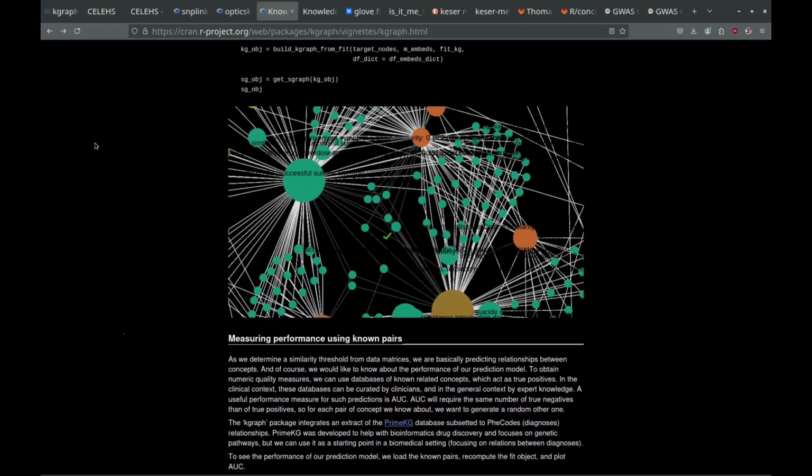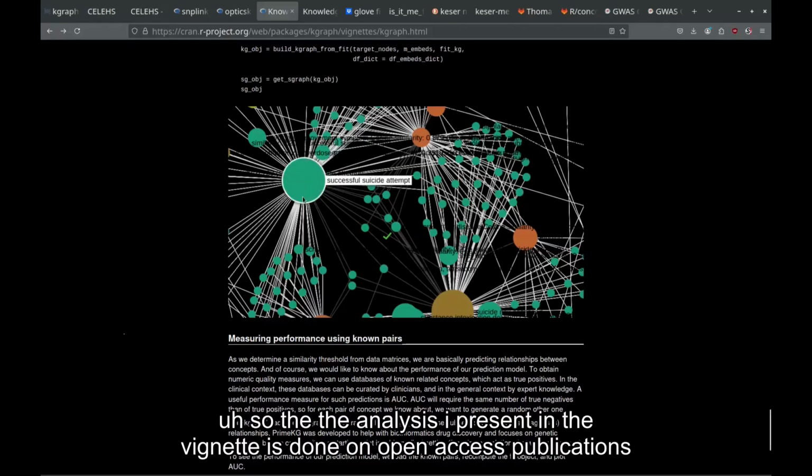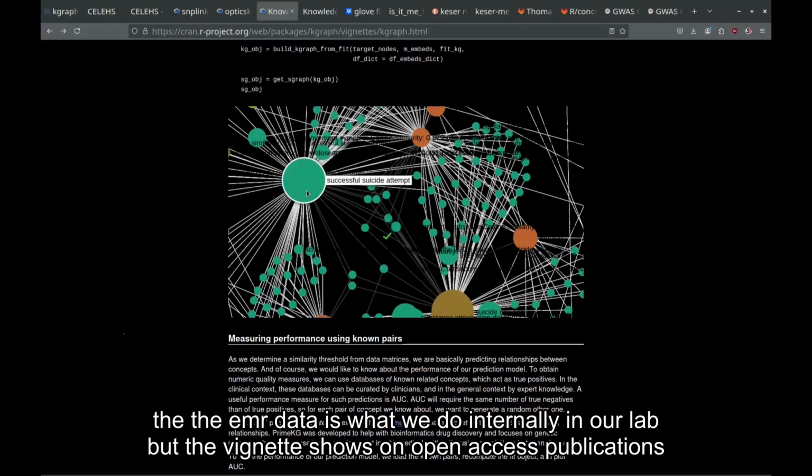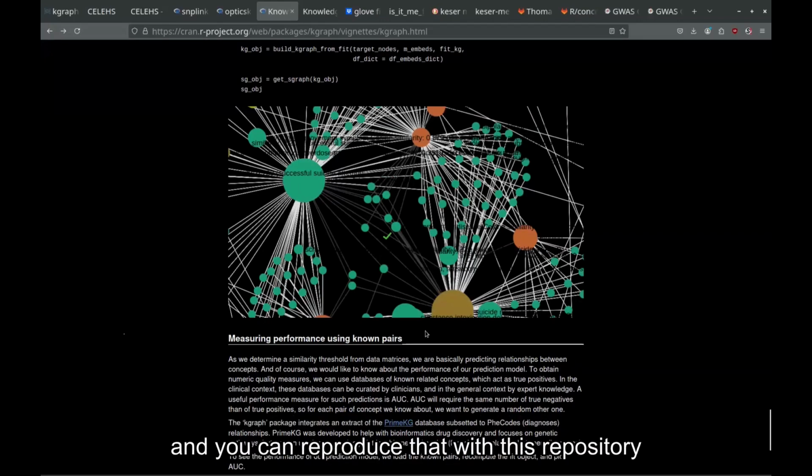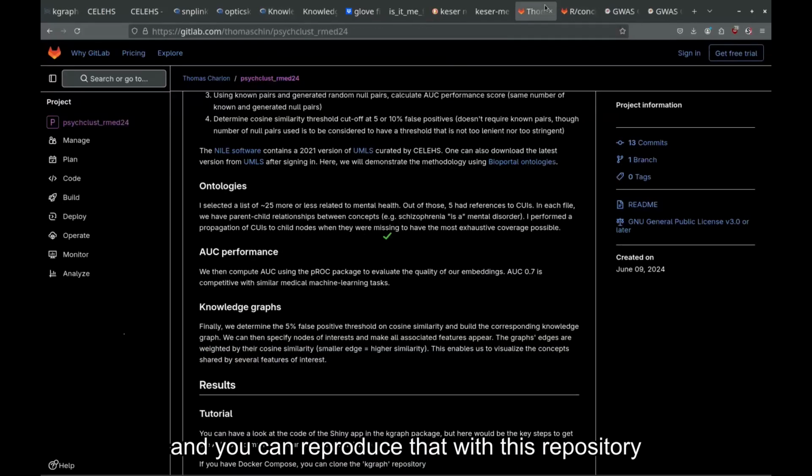Yeah. So the analysis I present in the vignette is done on open access publications. The EMR data is what we do internally in our lab, but the vignette shows open access publications. Okay. Thanks. And you can reproduce that with this repository.